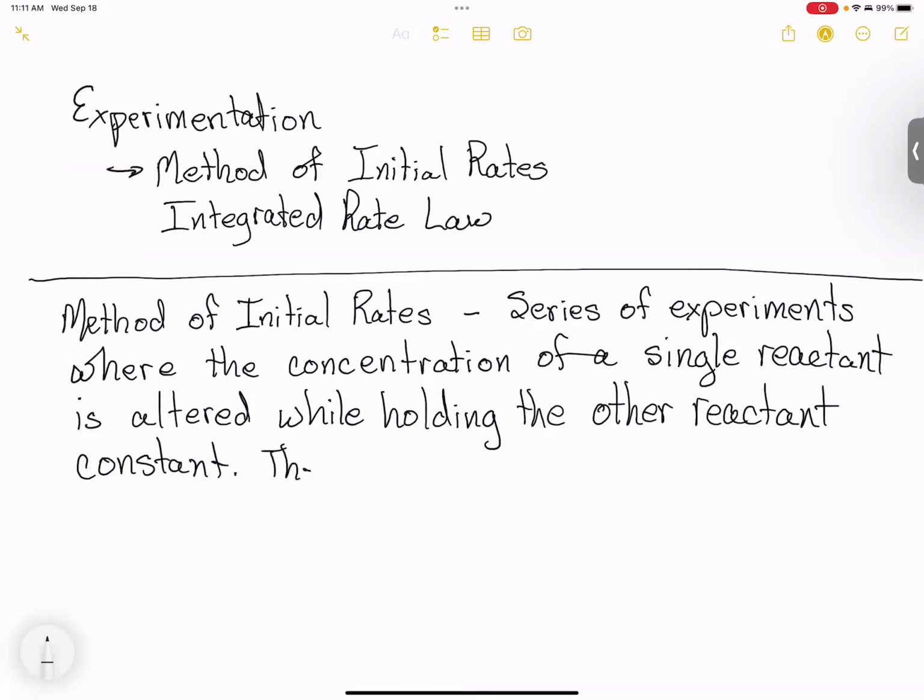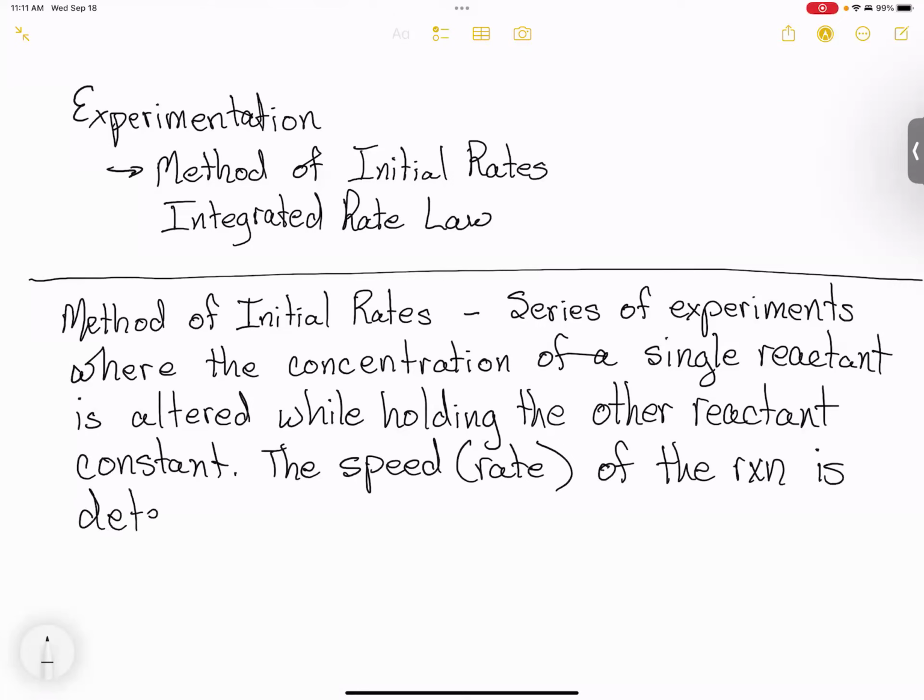The speed or the rate of the reaction is determined under these circumstances.